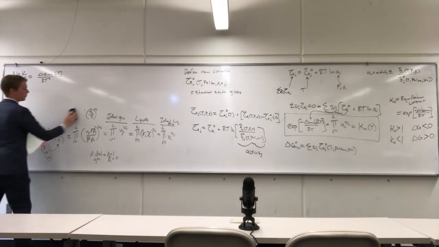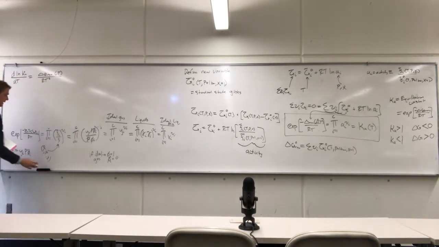This is something that I really haven't talked about too much in class, but in general, changes in free energy are going to be related to the changes in enthalpy as a function of temperature. It's the same thing with activity coefficients.